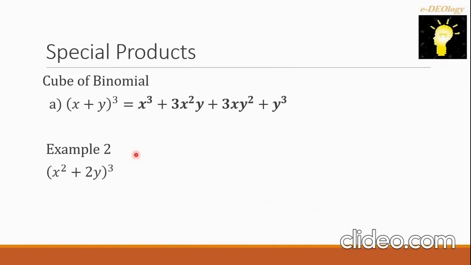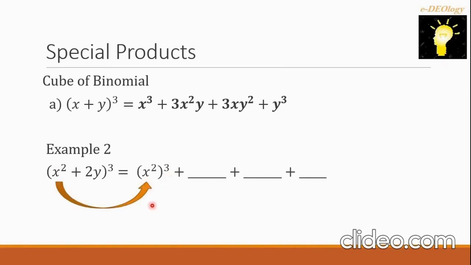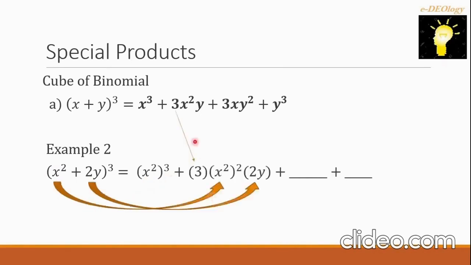Let's go to example 2. X squared plus 2y all raised to 3. So I'm going to write the 4 blanks to represent the 4 terms. In the first blank is the first term, the x squared must be raised to 3. In the second blank, there must be the constant 3.